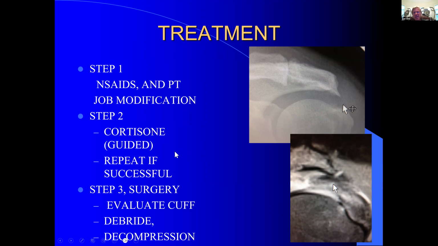The problem is this tends to be something that comes back over the years, as the ligament calcifies a little more and there's a little less room here, the patient tends to have more and more episodes, especially if their job doesn't change.